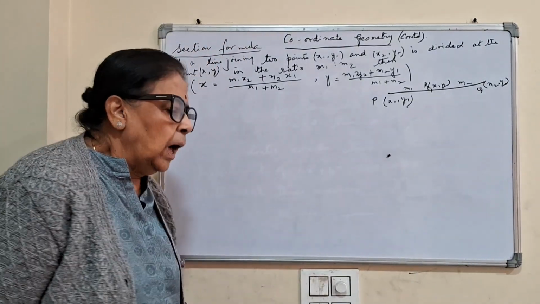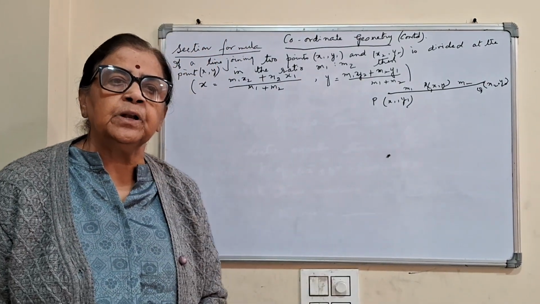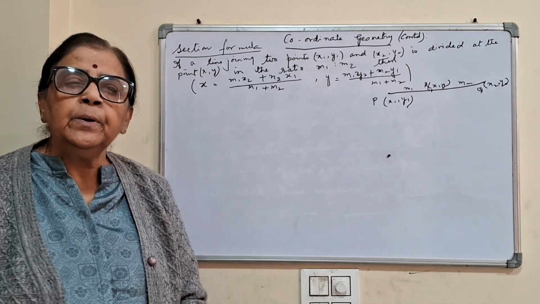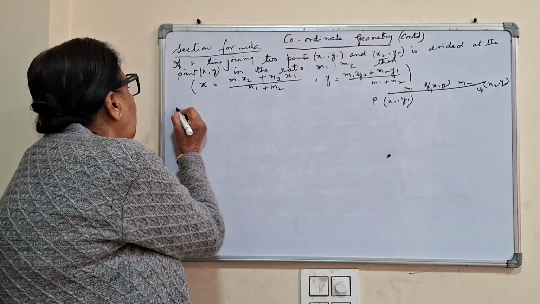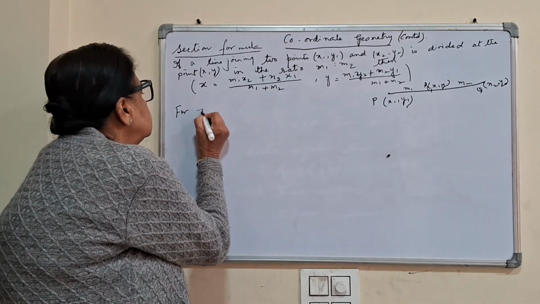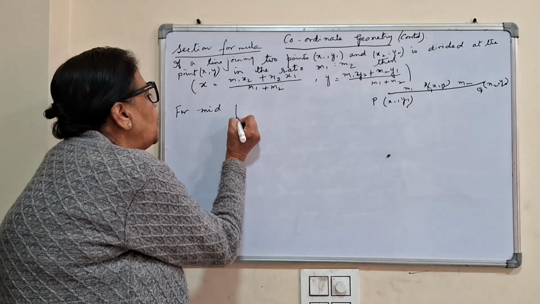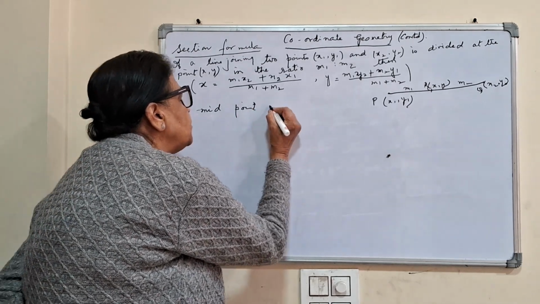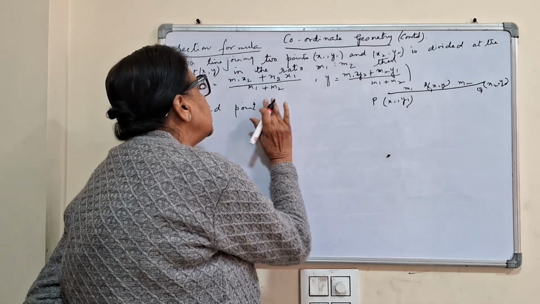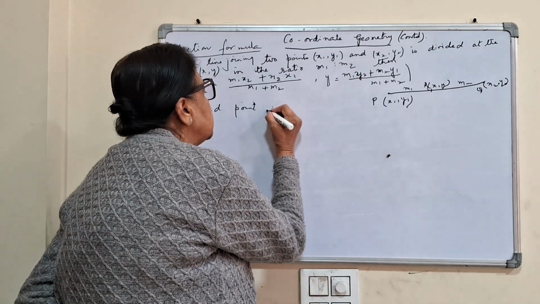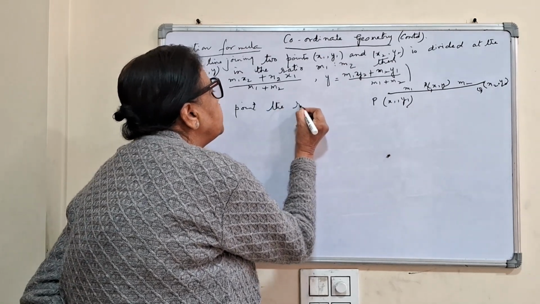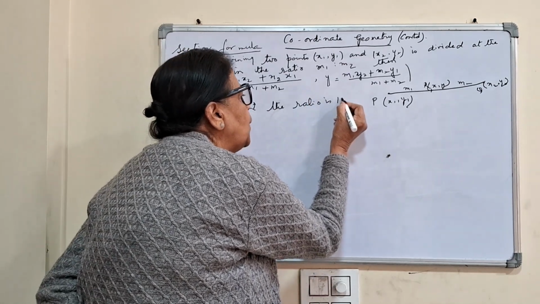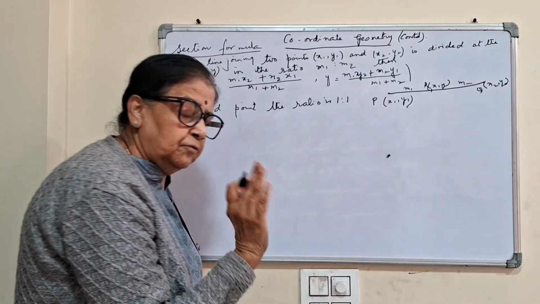Now, if the point is the midpoint, then what will happen? For midpoint, m1 is to m2, the ratio is 1:1. Midpoint is 1:1, half of.